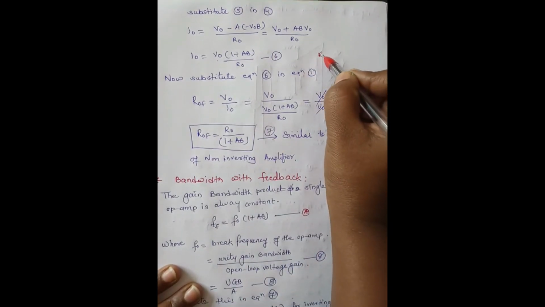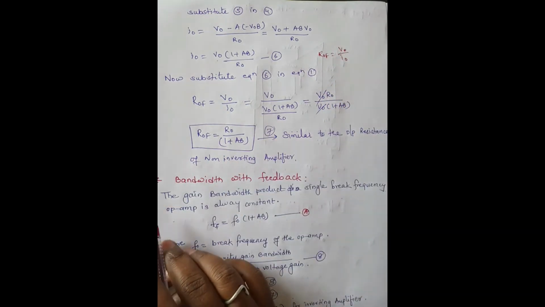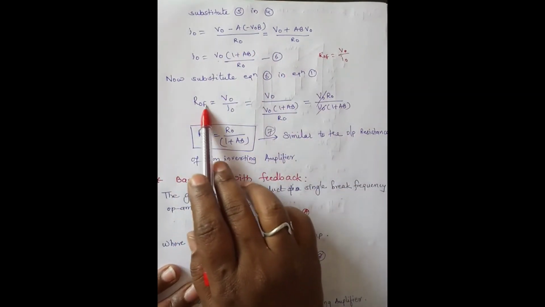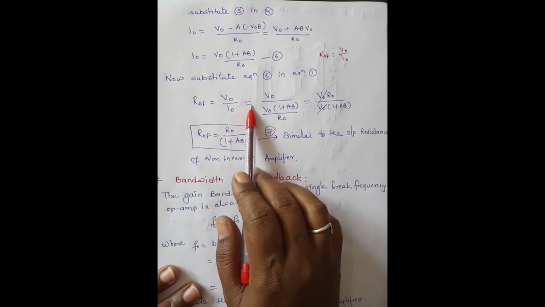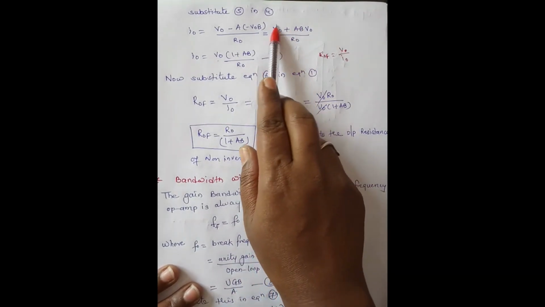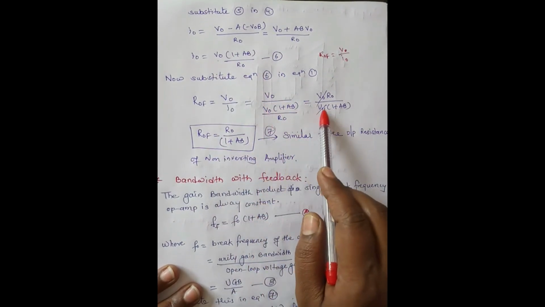That equation for output resistance with feedback is V0 divided by I0. Now this I0, we are substituting this value here. So output resistance, V0 by I0, is V0 divided by V0 into 1 plus AB divided by R0. R0 will come to the numerator. V0 will get eliminated.